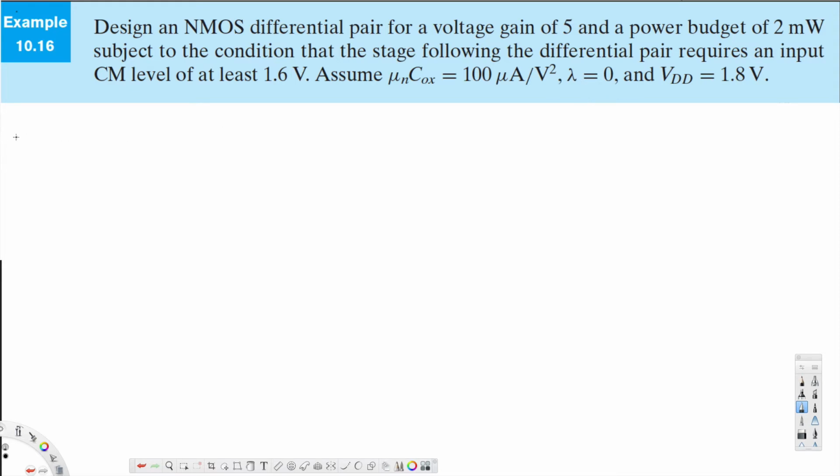Now, from the power budget and supply voltage we have ISS equal to 1.1 milliampere.